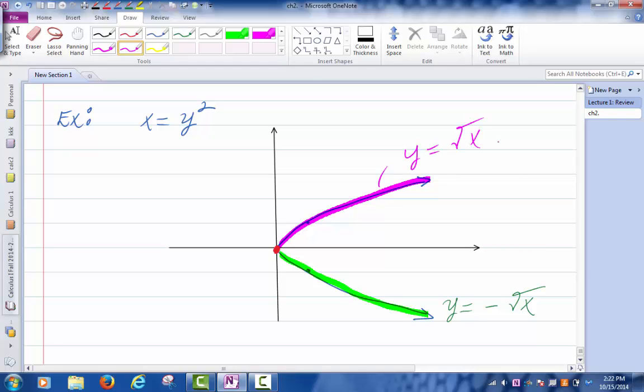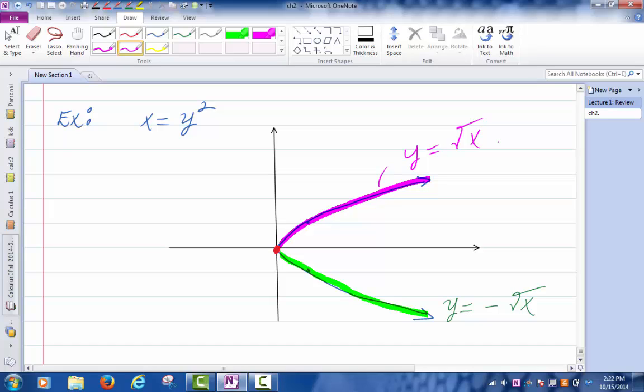So even though the entire curve doesn't represent y as a function of x, I can break it into two parts where each part represents y as a function of x. Again, where did I break up the curve? I broke it up at the point where the tangent is a vertical tangent, right? Is everybody okay?